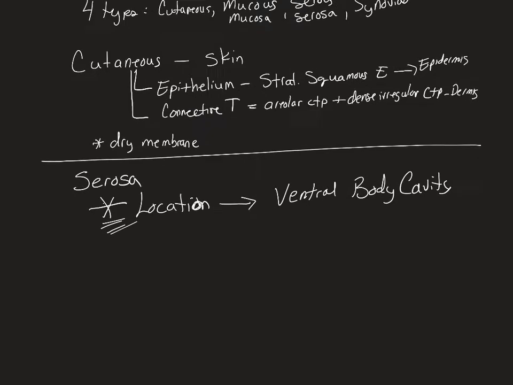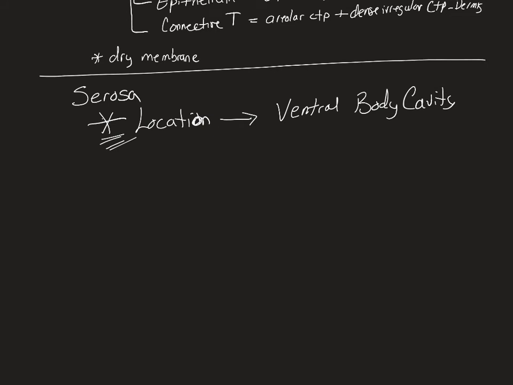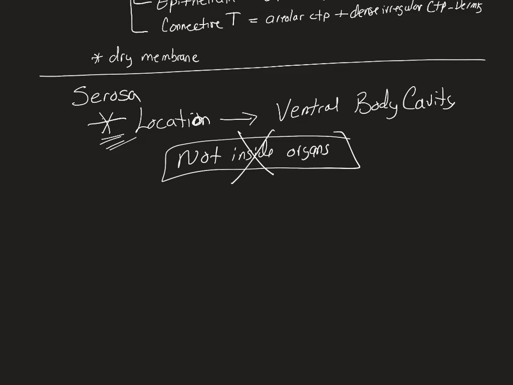All serosas are lining some part of the ventral body cavity. They are not inside organs in any way, shape, or form. Okay? Not inside organs. They are lining the ventral body cavity.